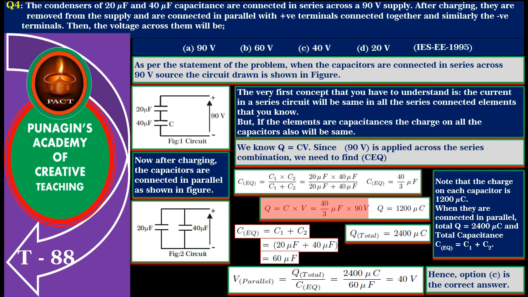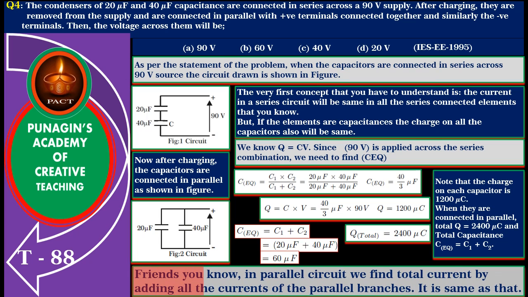But Q is equal to C into V. By substituting the values, we get Q is equal to 1200 microcoulombs. Now, after charging, the capacitors are connected in parallel as shown in figure. Note that the charge on each capacitor is 1200 microcoulombs. So, when they are connected in parallel, total charge Q is equal to 2400 microcoulombs.